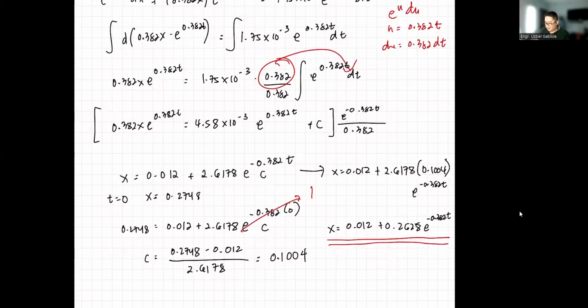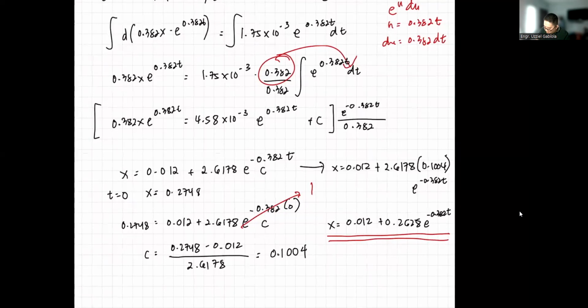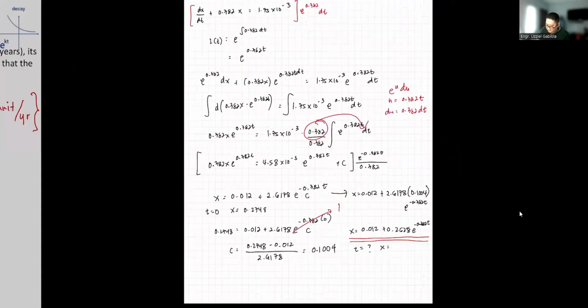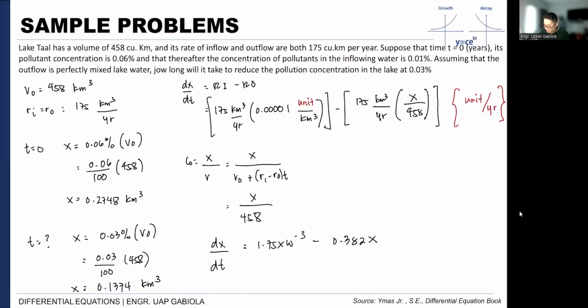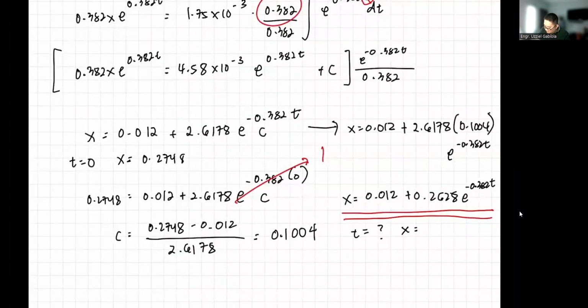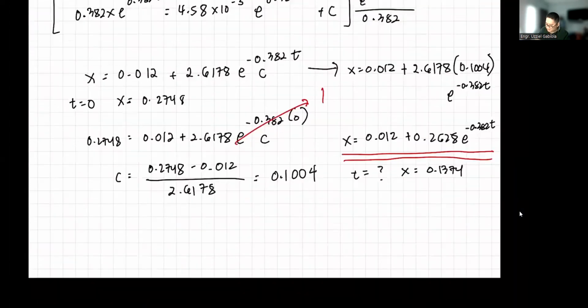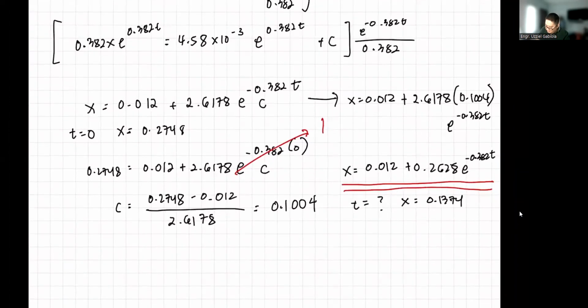So, ito yung ating particular solution. Okay? So, pinapanap sa atin ngayon, kapag yung t daw, what time magiging x is equals to 0.1374. So, yun naman yung tanong. So, substitution do sa formula.